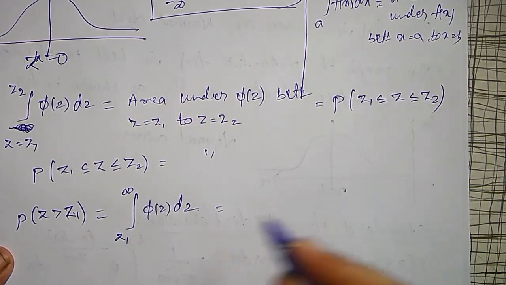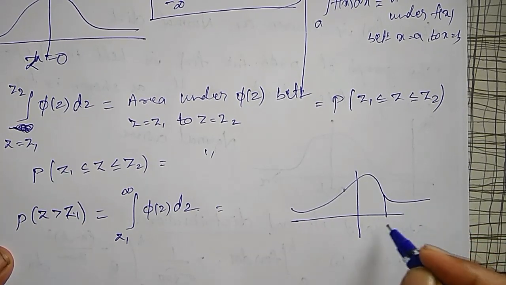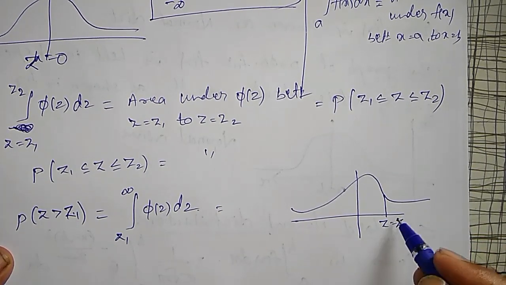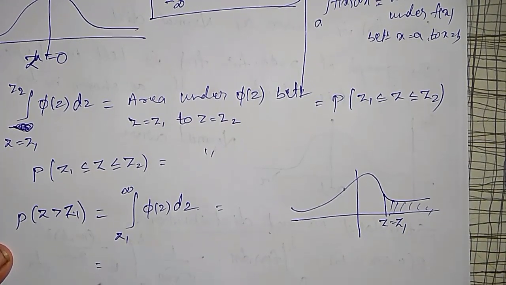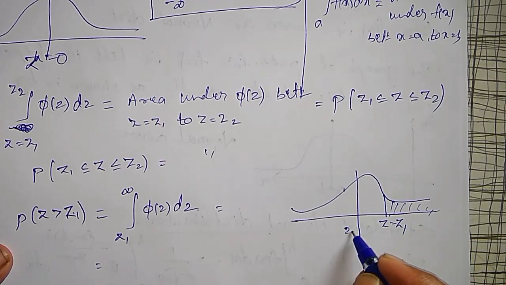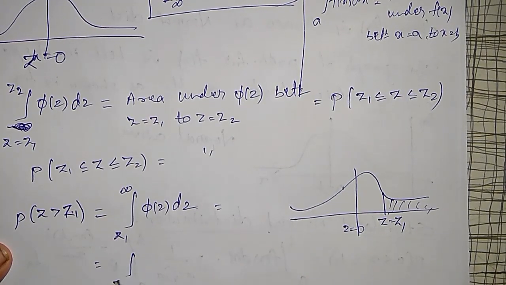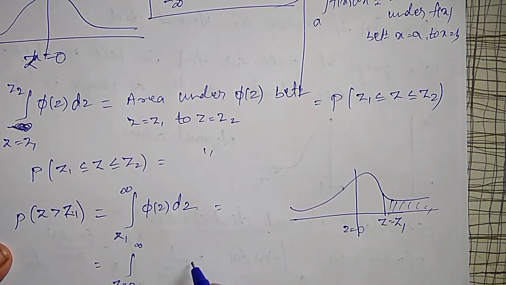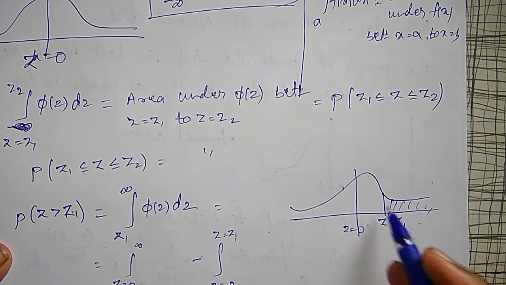If I draw the bell shaped curve, here z is equal to z1, and I want the area above this. To find this area, the total area, this is z equal to 0, is divided into two symmetric parts, so I will take the integration from z equal to 0 to infinity minus the integration from z equal to 0 to z equal to z1. I will do total area minus this area.